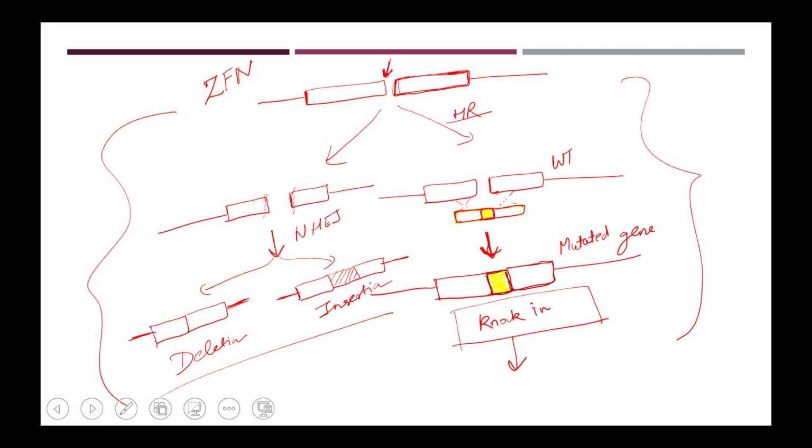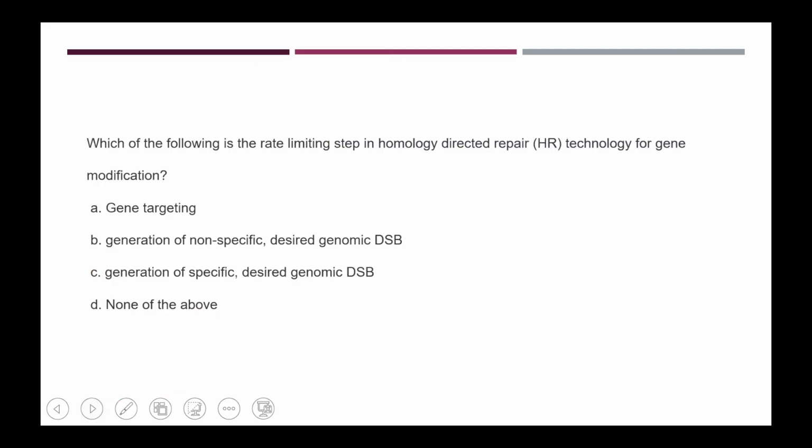Okay, so now if I ask you to answer this question: which of the following is the rate limiting step in the homology directed repair technology for gene modification? Gene targeting, generation of non-specific desired genomic DSB, generation of specific desired genomic double strand break, or none of the above?